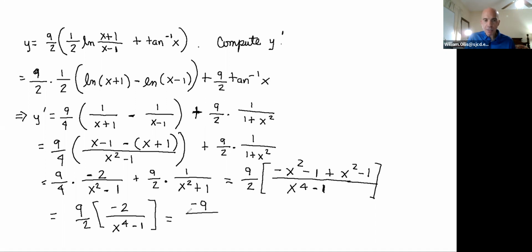A lot of times students will say, well, can't we just leave it this way? Sure, but then of course we can absorb the negative by multiplying and dividing by -1. So at this point, if you want to get rid of that negative, multiply and divide by -1. That'll give you a 9 divided by 1 minus x to the 4th.